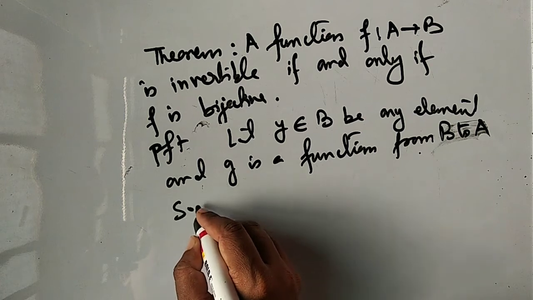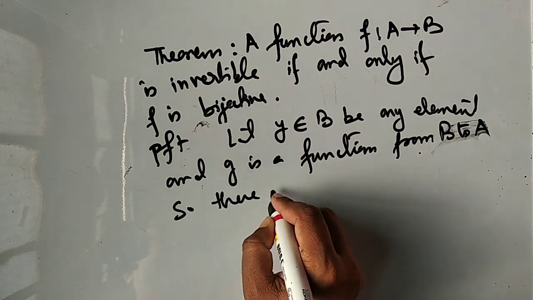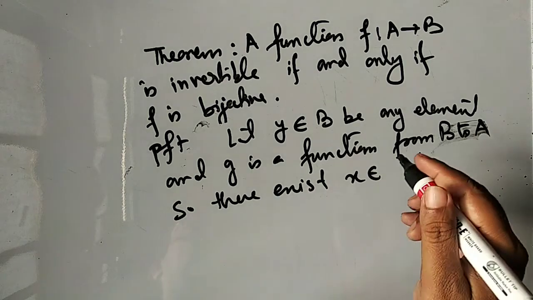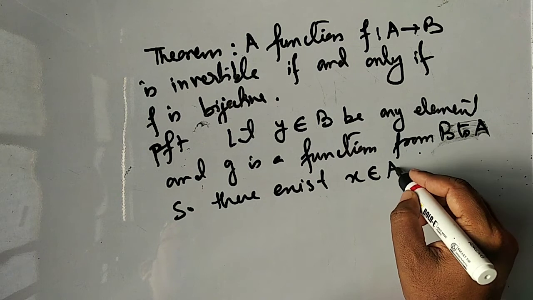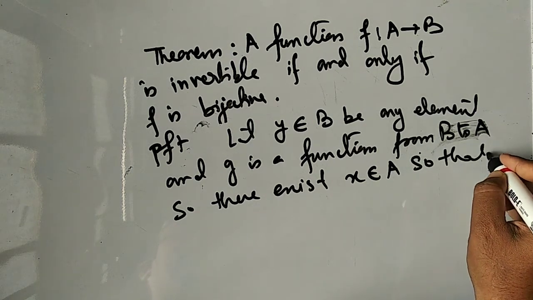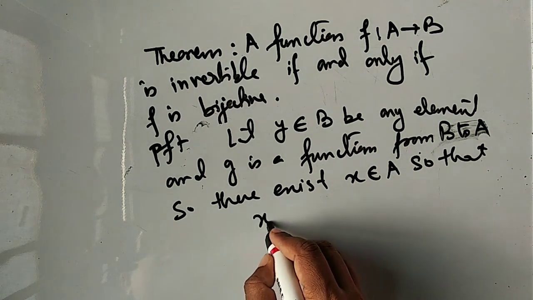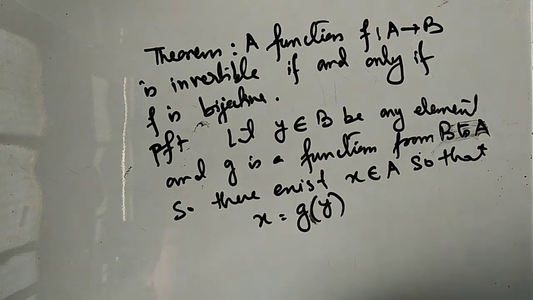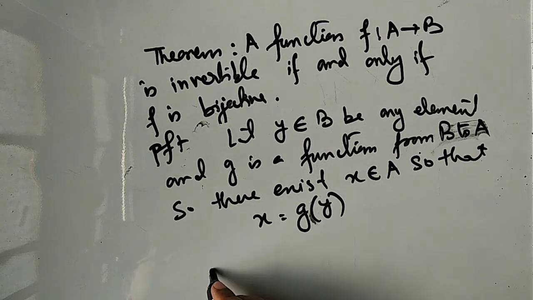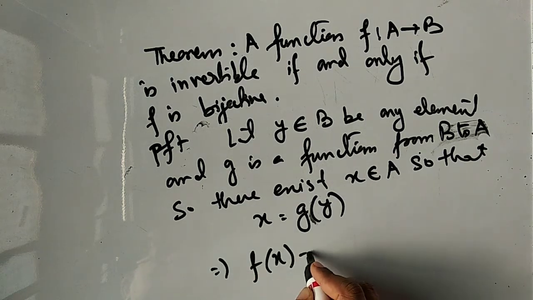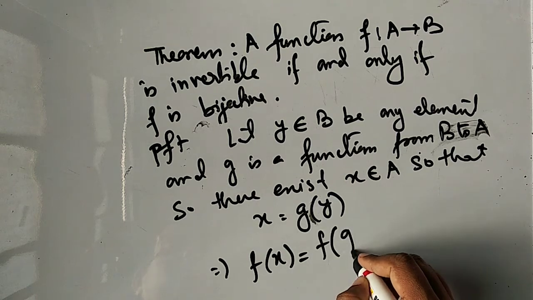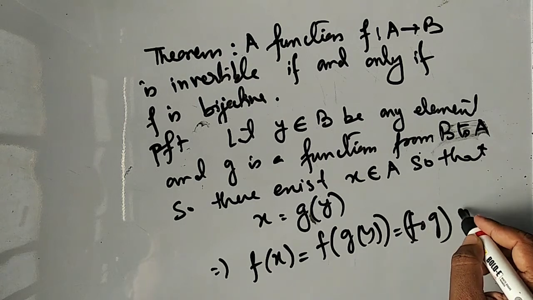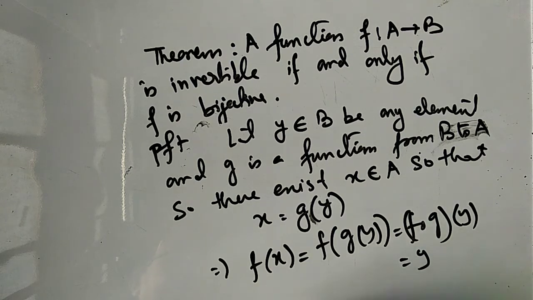So there exists x belongs to A so that x is equal to g(y). Now if I compose this, means if I take f of x, then it should be f of g of y, which is nothing but y.